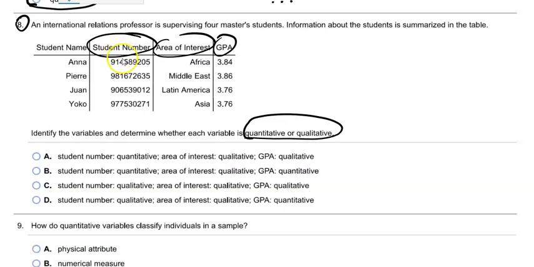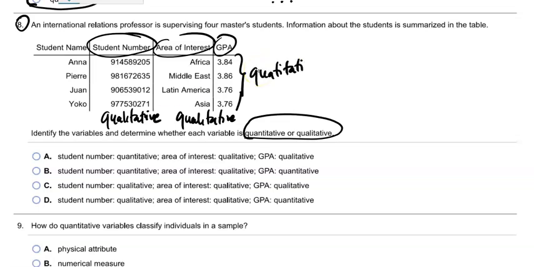Student number, even though it has a numerical value, is an identification number. It identifies the students, so this is a qualitative variable. So student number must be a qualitative variable, and area of interest is also a qualitative variable, and GPA is a quantitative variable.